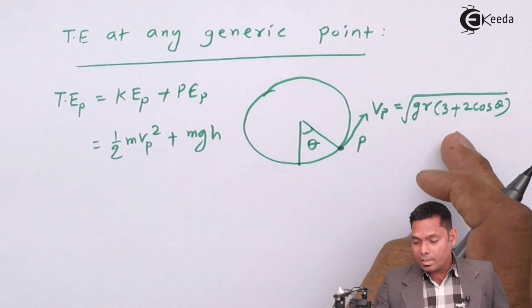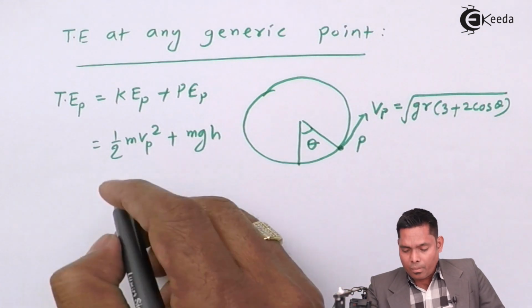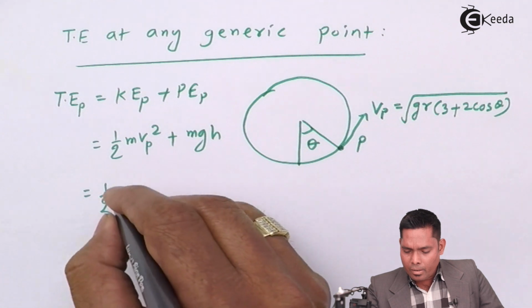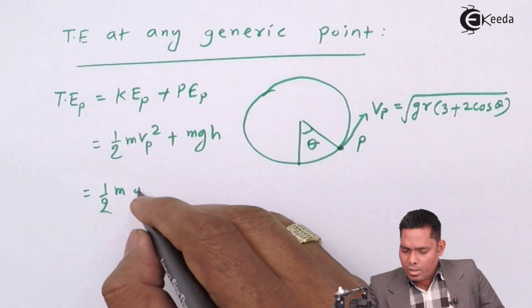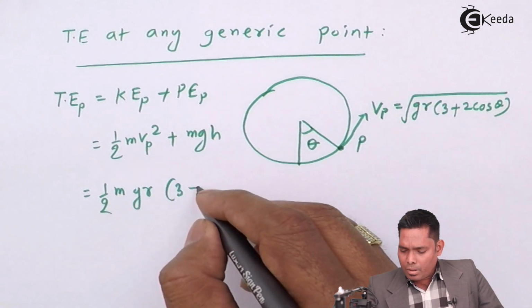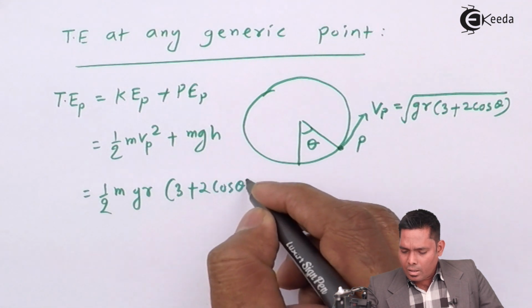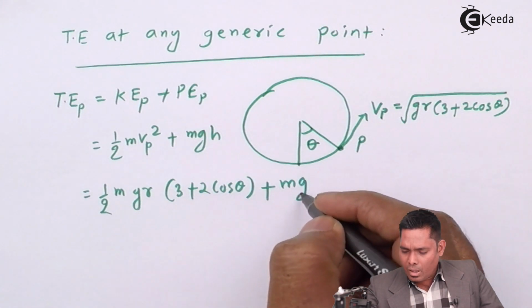So using this value, I get half m gr(3 plus 2 cos theta) plus mgh.